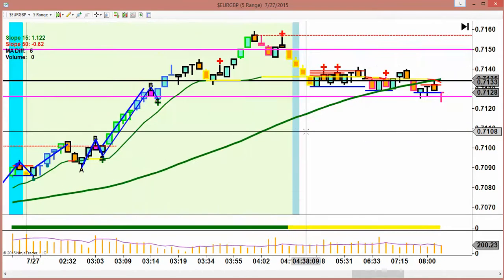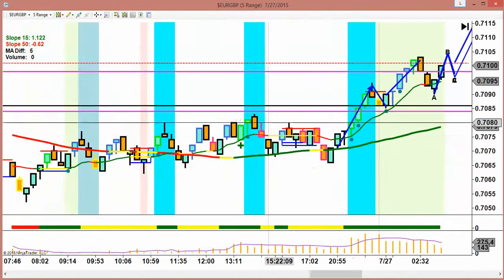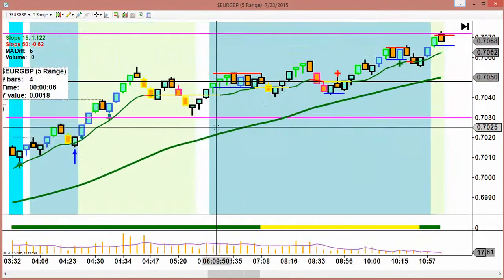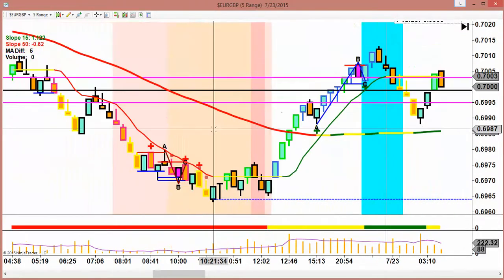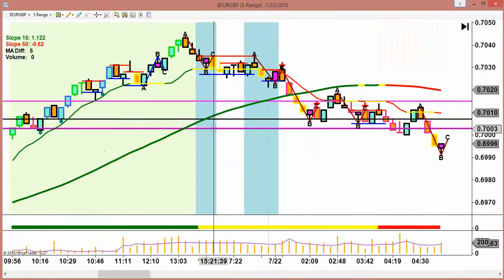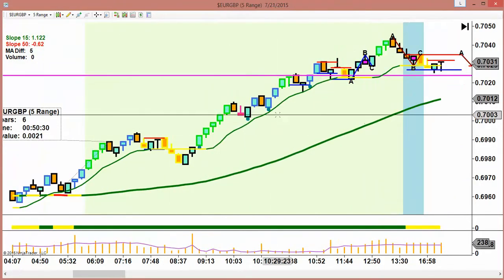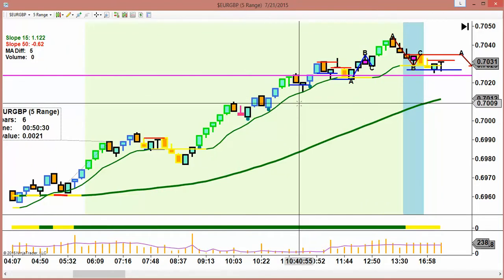And in addition, you get great moves in the early morning hours off of the Forex markets. And once it starts to trend, you can really milk it for a lot of profit.